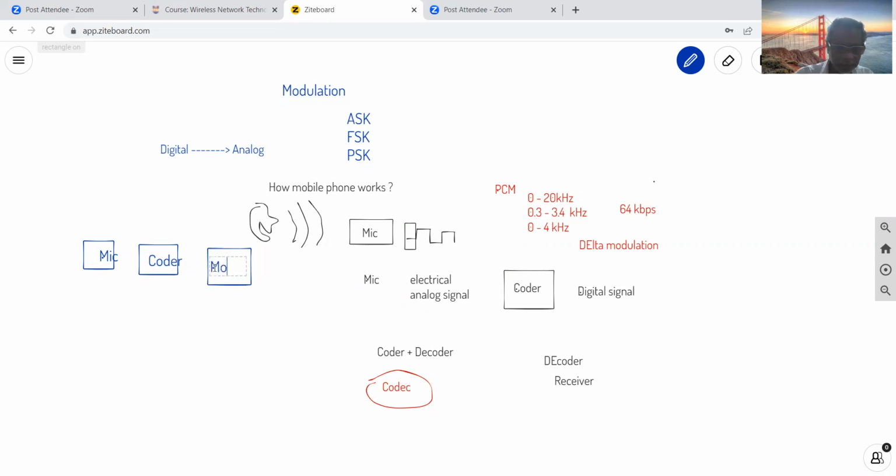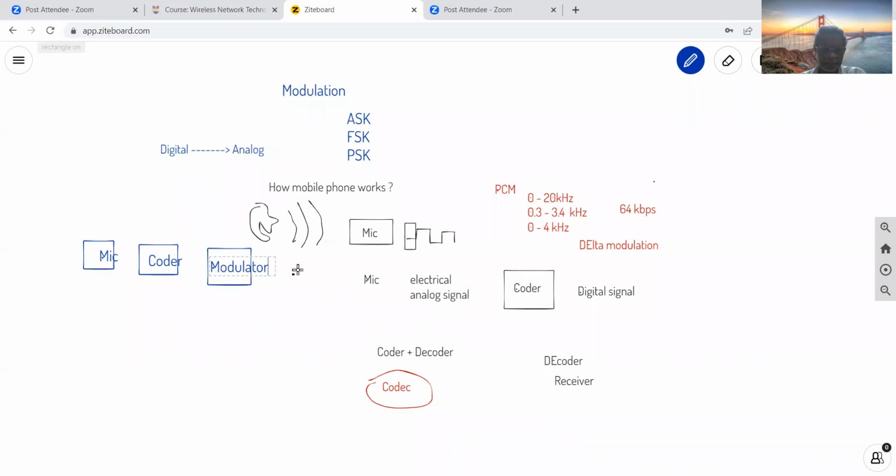The modulator will modulate your signal. After the microphone, this analog signal comes into the coder. The coder will convert it to a digital signal. Then it comes to the modulator. Then the modulator converts it again to an analog signal.